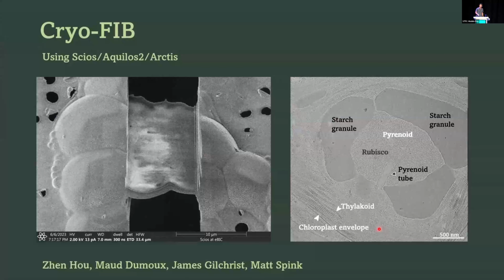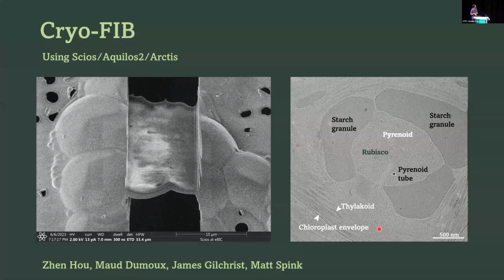So I arrived at EBIC to learn cryo-FIB and cryo-ET, subtomogram averaging, and so on. Initially they put me on the SIOS doing manual milling from morning till night, and then we could get some time on the very busy Aquilos. I'm not complaining or anything, it was a good experience.